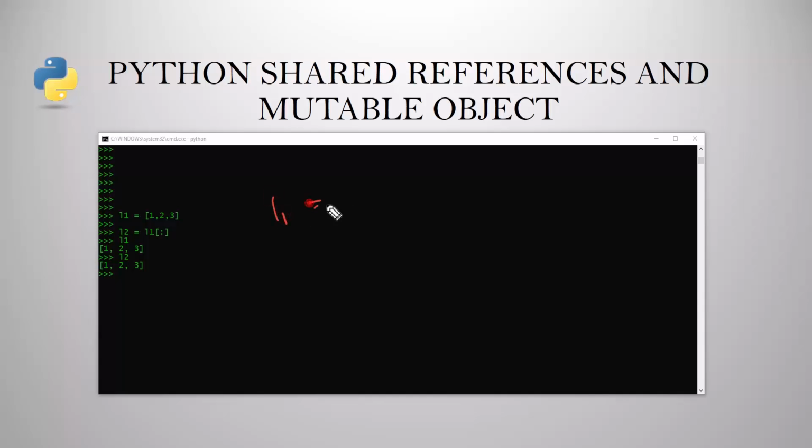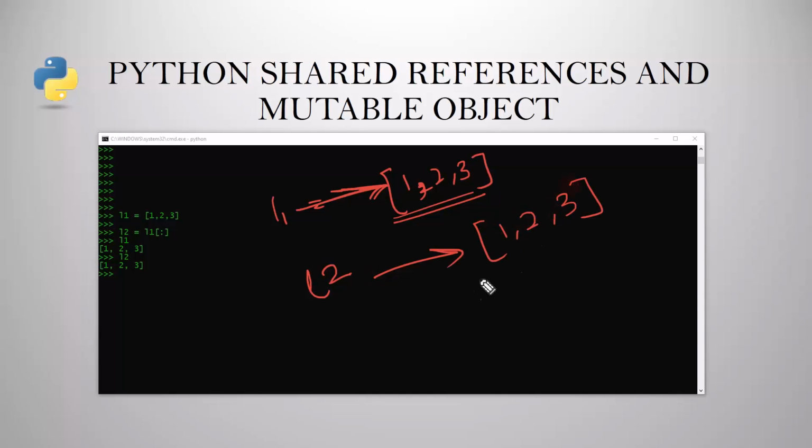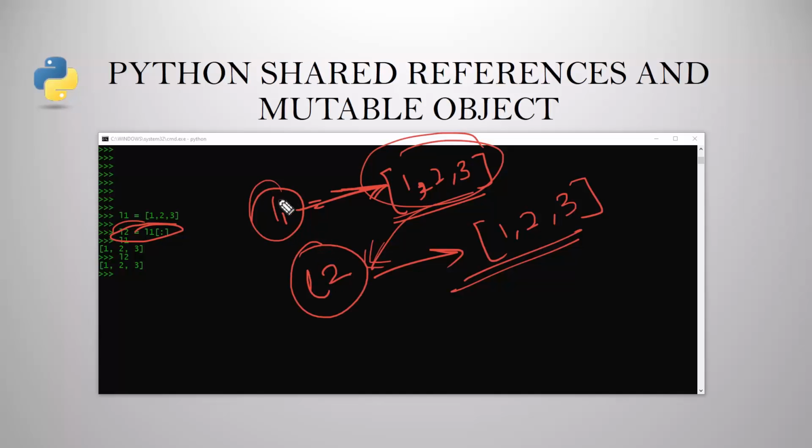L1 is referencing one memory address where this list is situated, and L2 is referencing some other memory address. So in this assignment, we are copying the values of L1 and assigning them to L2. Both L1 and L2 are not referencing the same object, they are referencing objects copied from one to another.